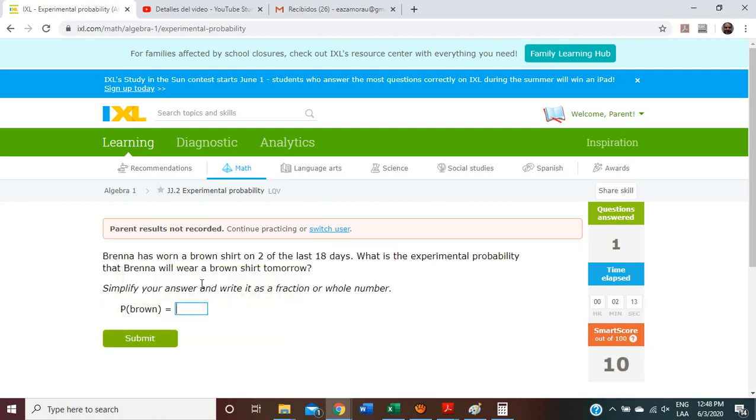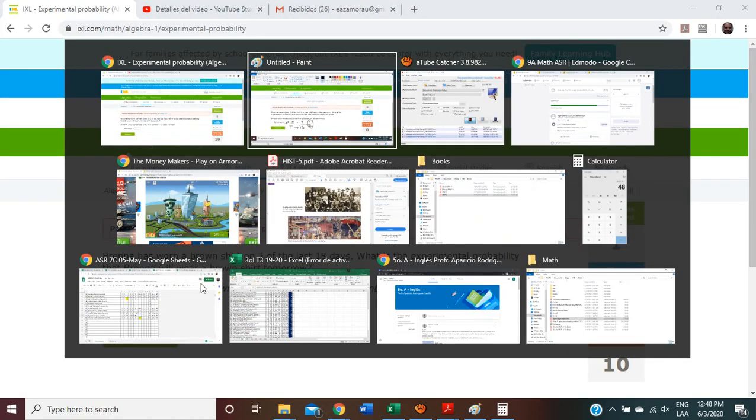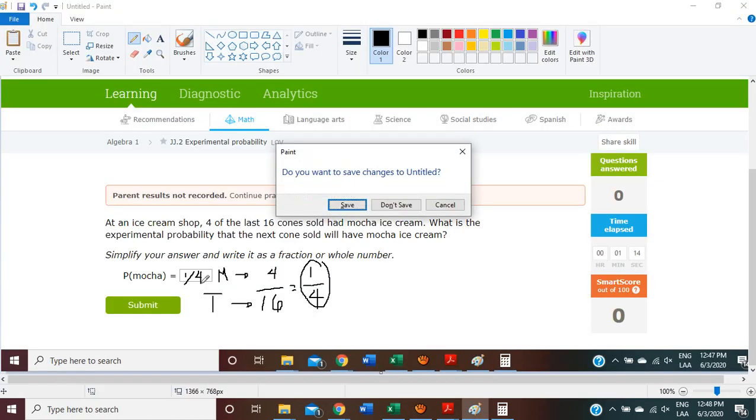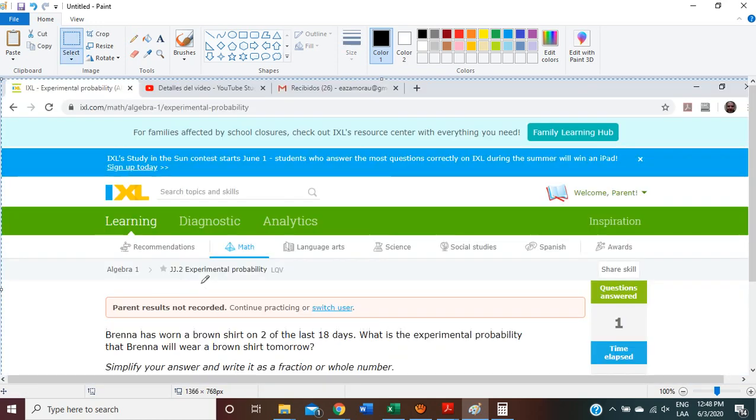Terrific. So Brina has worn a brown shirt on 2 of the last 18 days. What is the probability that Brina will wear a brown shirt tomorrow? In this case, we only need to do the same.